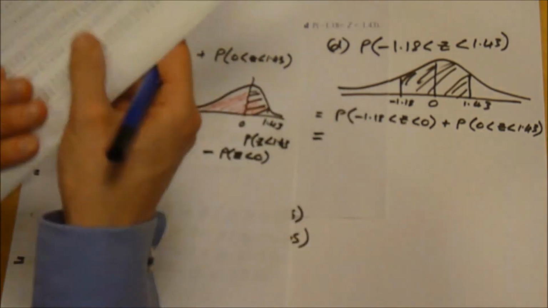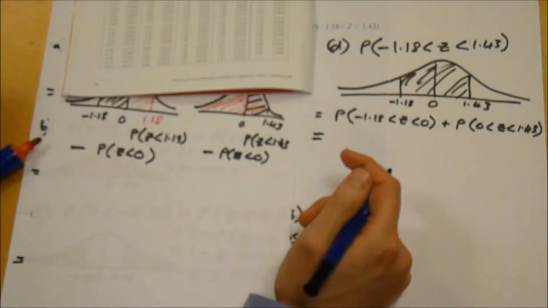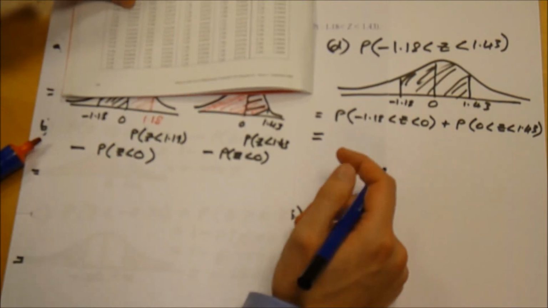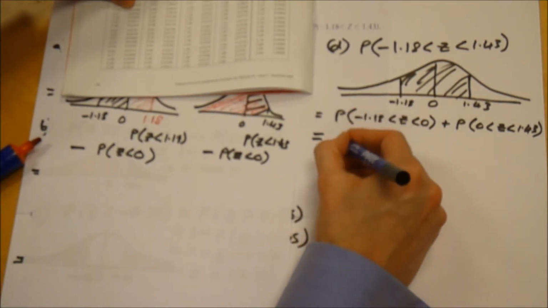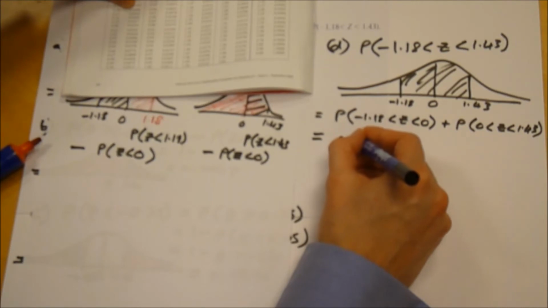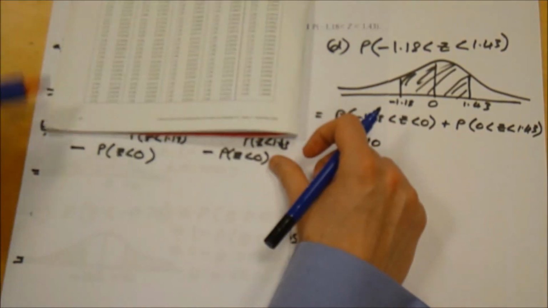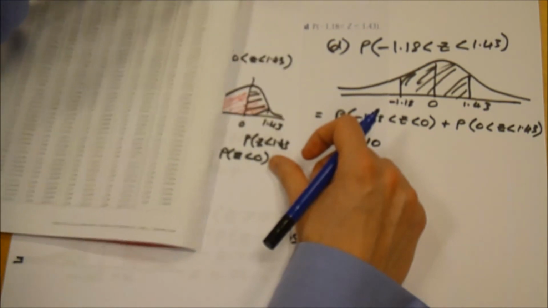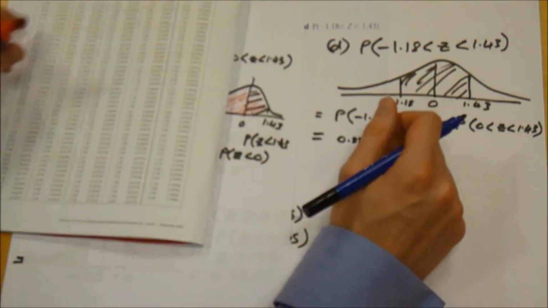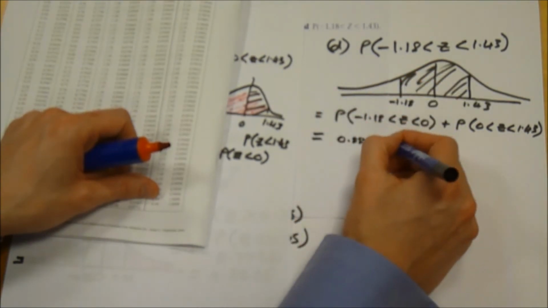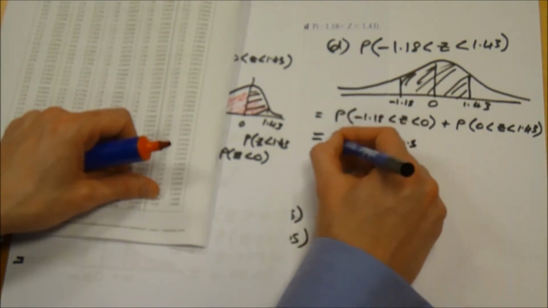So the probability that z is less than 1.18 is 0.8810, looking that up in my table. And I'm going to take away from that the probability that z is less than 0. Well, you could look that up if you want, but you should recognise that if it's halfway, it's going to be 0.5, so minus 0.5.